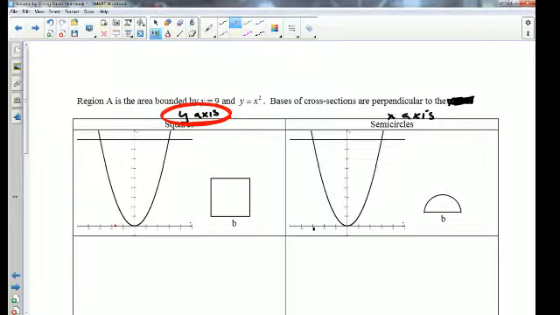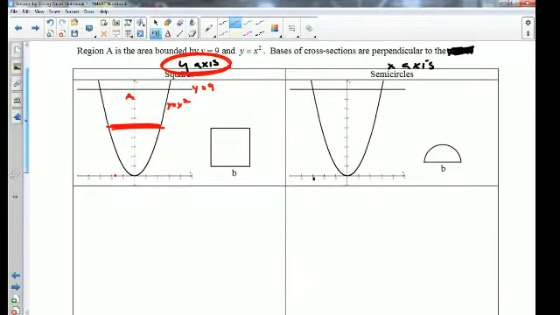So region A is the area bounded by y equals 9 and y equals x squared. Bases of the cross sections are perpendicular to the y-axis. How is this left and right? Okay, there's your clue. Are we in terms of x or y?